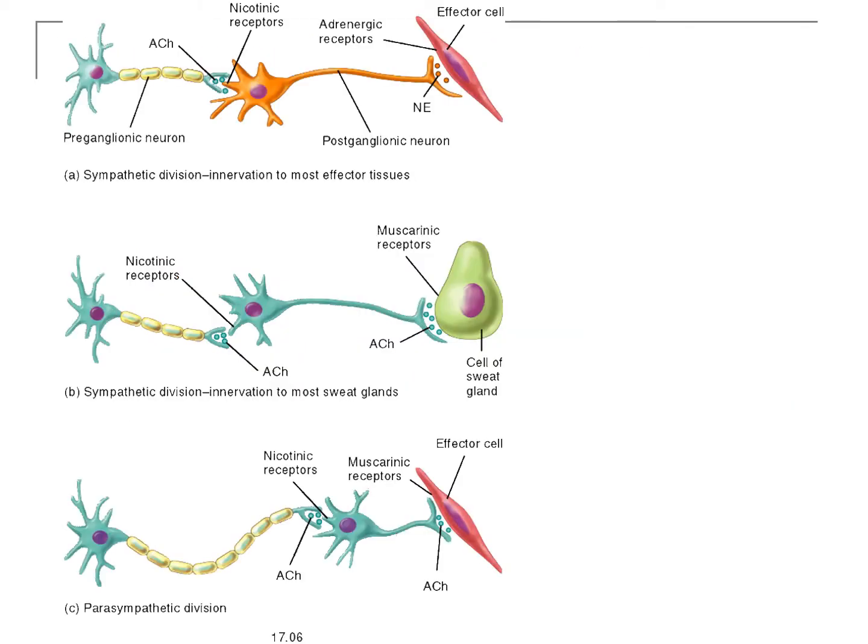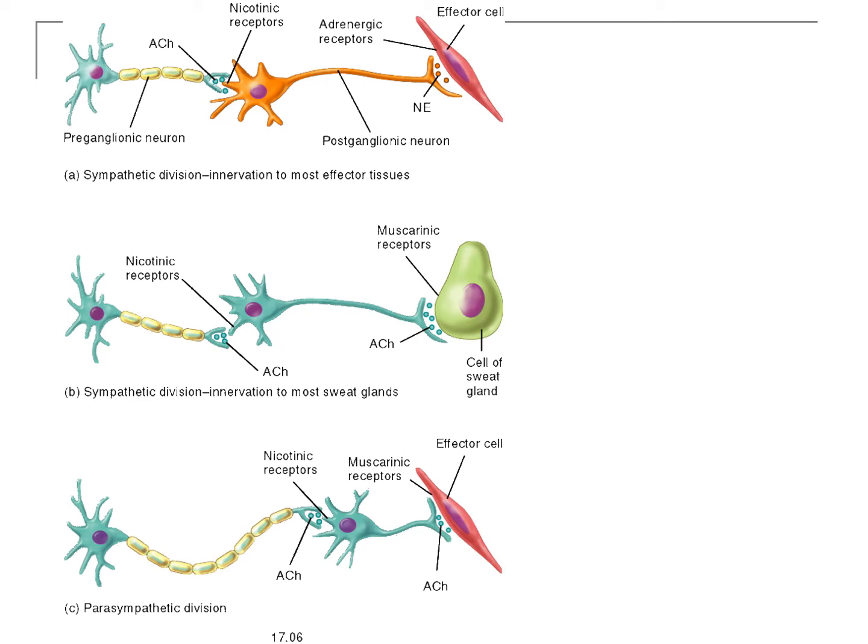So here you see these three scenarios. At the top, the sympathetic division, your innervation to most effector tissues: acetylcholine with the preganglionic, norepinephrine at the postganglionic. With sweat glands, acetylcholine at the pre and postganglionic. And with the parasympathetic division, you get acetylcholine at the pre and postganglionic.